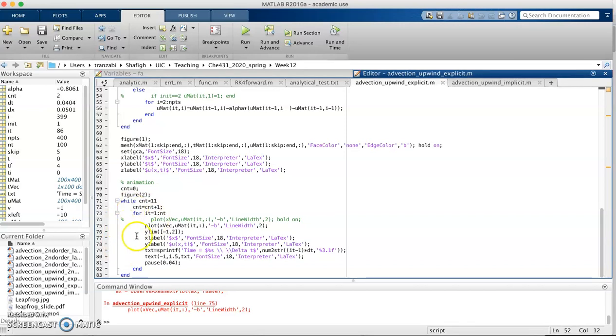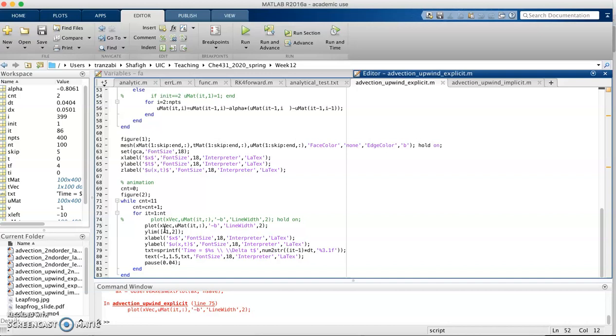This part is for animation. If you really want to see the progression, or how the initial concentration diffuses, or is advected over the spatial coordinate, then you can use this animation module. The way to do that is you plot your concentration against x at every time. Then you give about a 0.04 second pause, and then you remove this plot and plot the distribution of the concentration at the next time point.